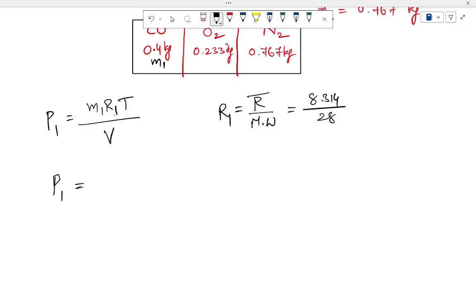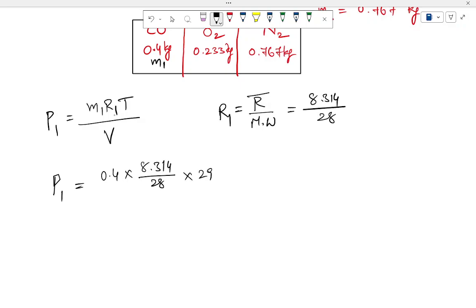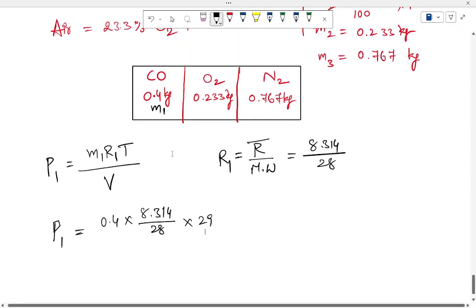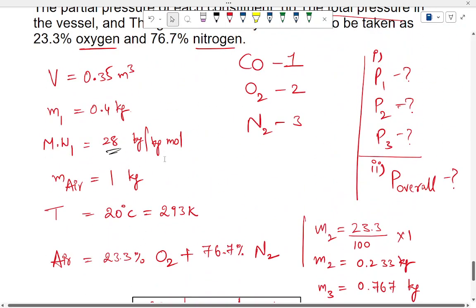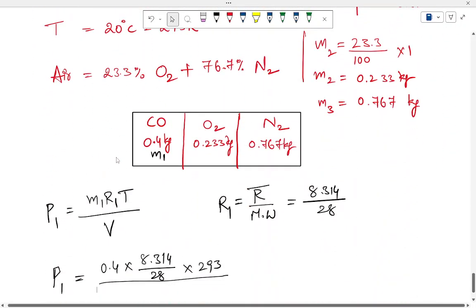So the P1 will be equal to 0.4 into the R1 is 8.314 by the molecular weight is 28 into the temperature is 293 by the volume is given in question as 0.35.